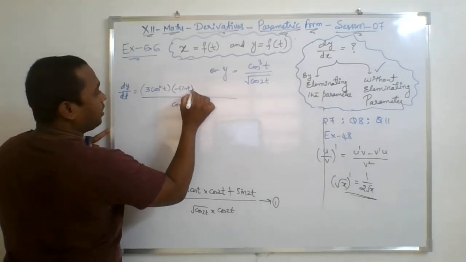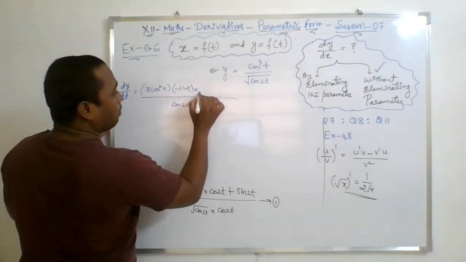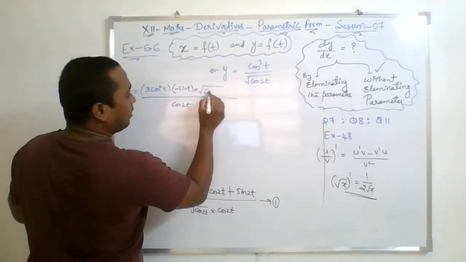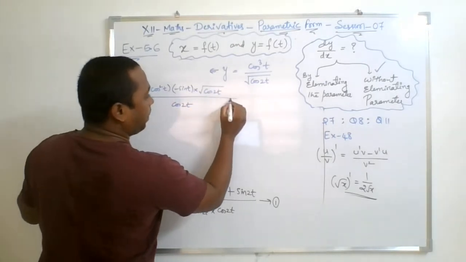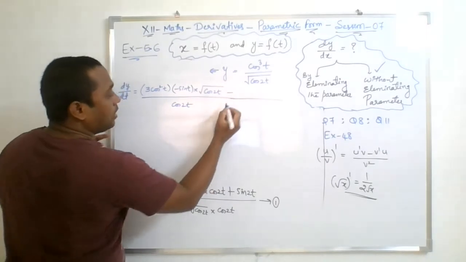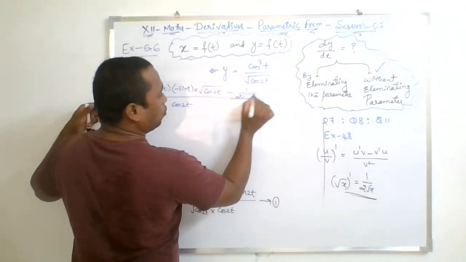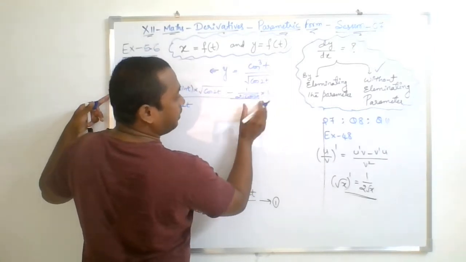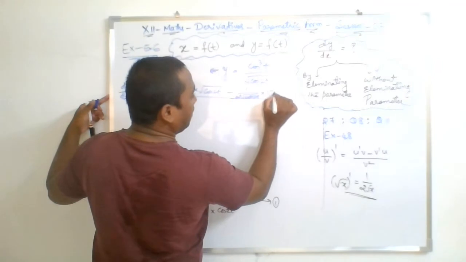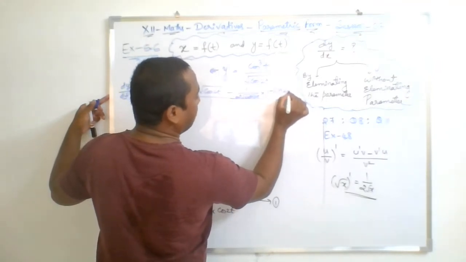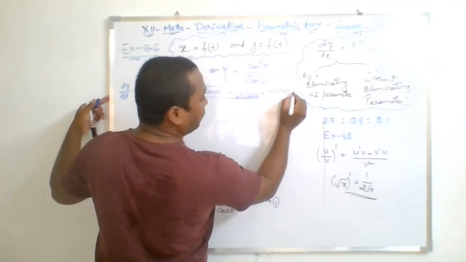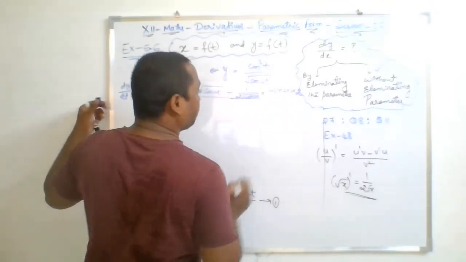I am just doing the derivative of the function by using the chain rule directly, into v, minus the derivative of v, which is 1 by 2 root cos 2t into the derivative of cos x, which is minus sin x, into the derivative of 2t, which is 2.